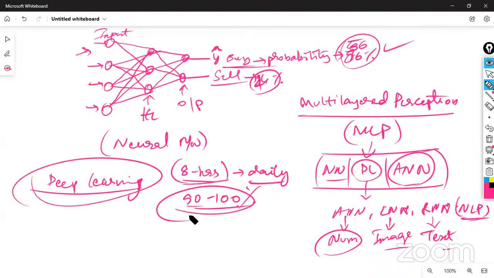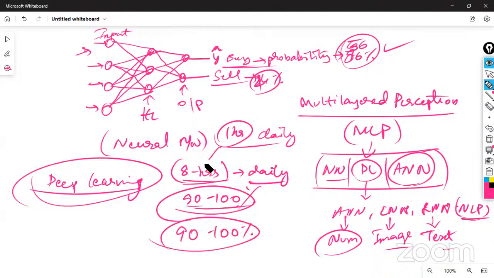But say there is a person who is studying daily 1 hour, and he is also scoring 90 to 100%. Do you think that we can degrade the person who is studying for 1 hour compared to the person studying for 8 hours? We can't.